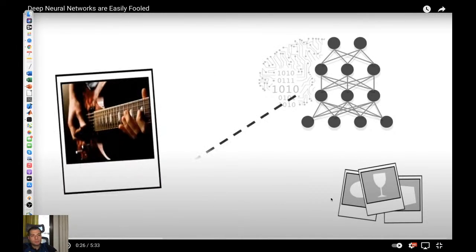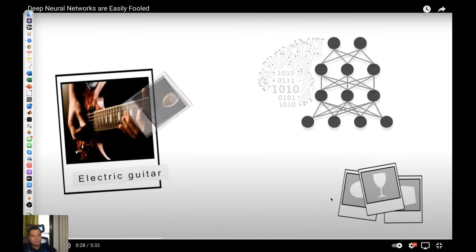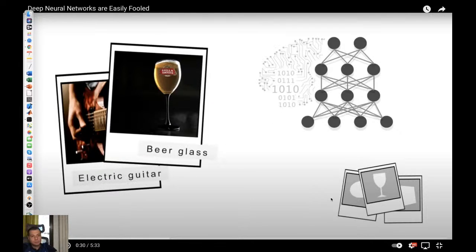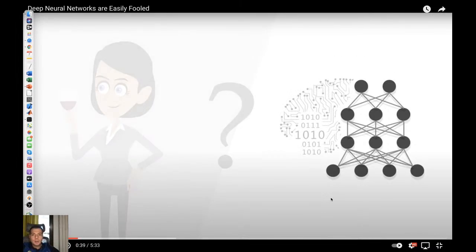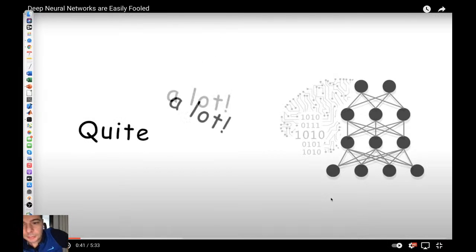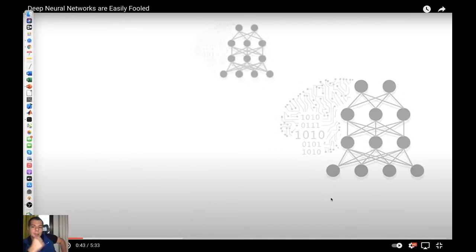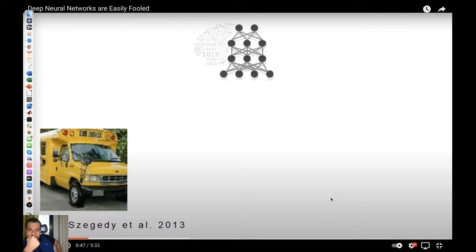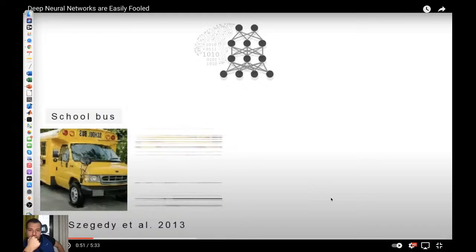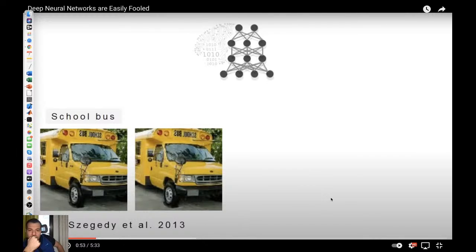The networks can nearly match a human's ability to recognize objects in real images. That raises the question of what differences remain between how deep neural networks and humans see the world. The answer is quite a lot. A recent study revealed that changing an image originally correctly classified, for instance as a school bus, in a way imperceptible to humans can cause a deep neural network to label the image as something else entirely.